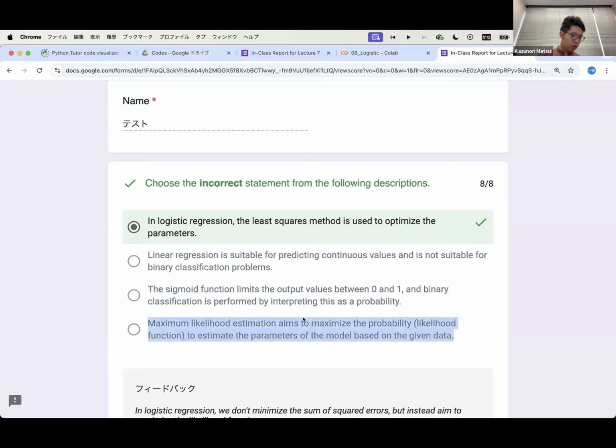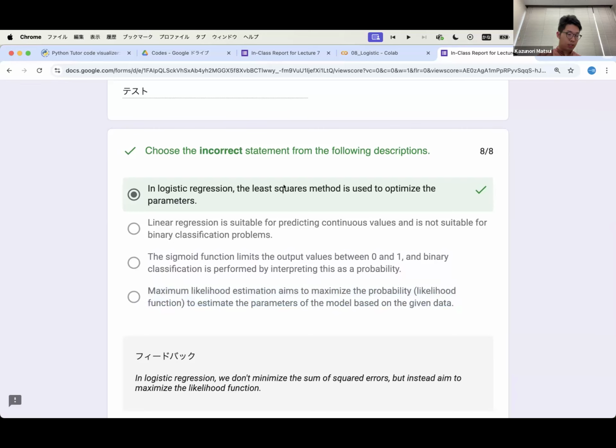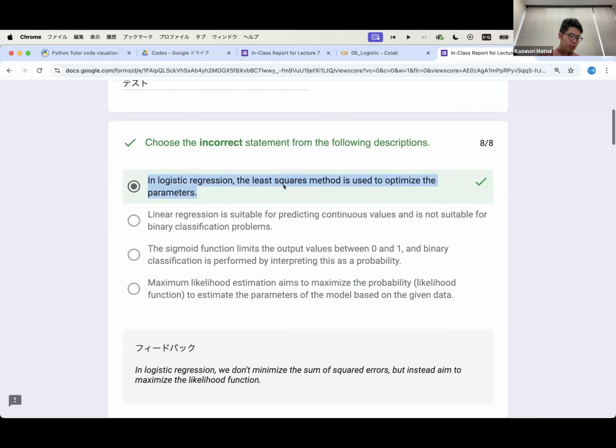This is also true. Maximum likelihood estimation aims to maximize the probability, that is the likelihood function, to estimate the parameters of the model based on the given data. It's also true. So the first option is the incorrect choice.